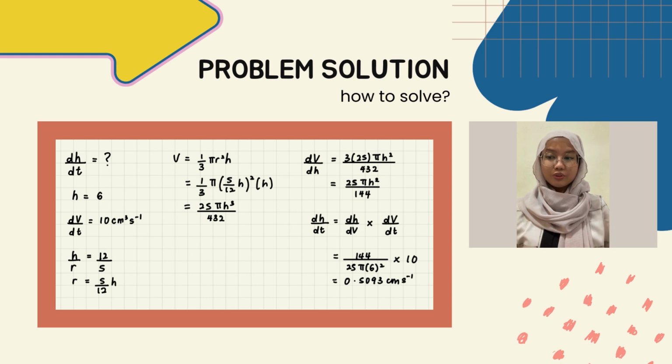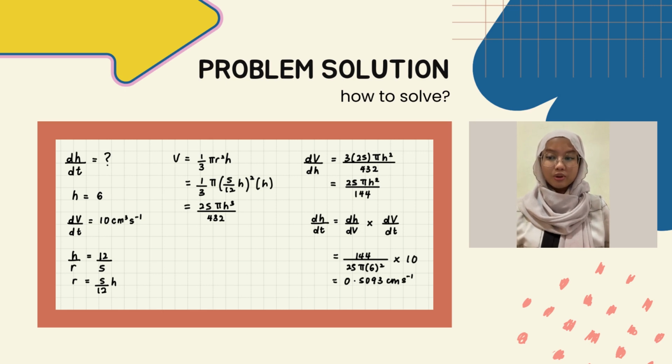When putting h over r equals 12/5, we can put r as the subject in terms of h. And with this, you can substitute the new value of r into the formula. The next step is to search for dv over dh. Using the new formula, you can differentiate v with respect to h.